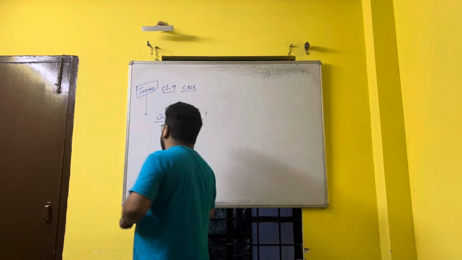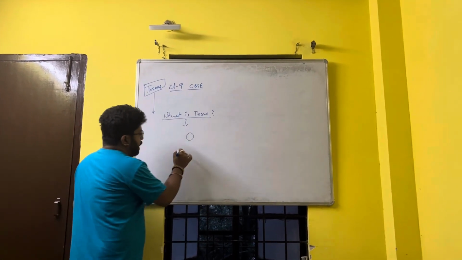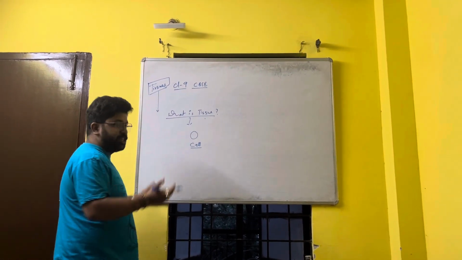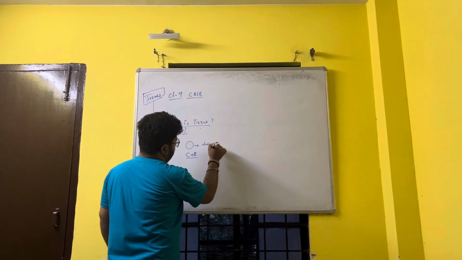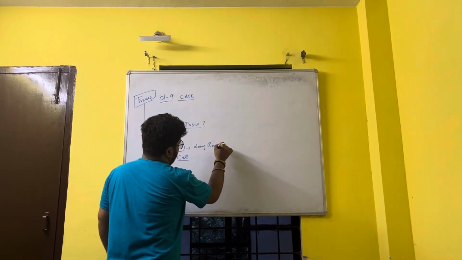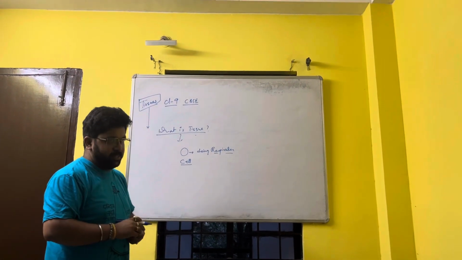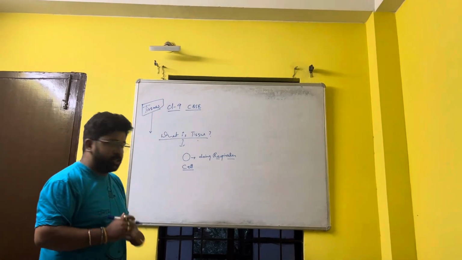For example, suppose there is a cell. Now this particular cell is very efficient in doing respiration, suppose. Just for the sake of understanding, I am saying this particular cell is very efficient in doing respiration.